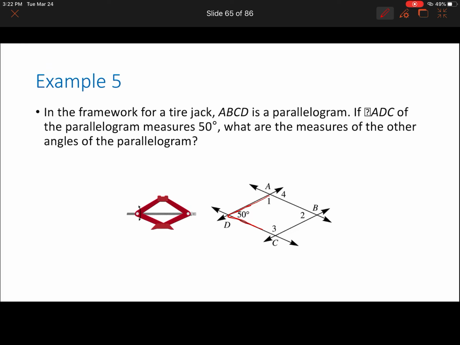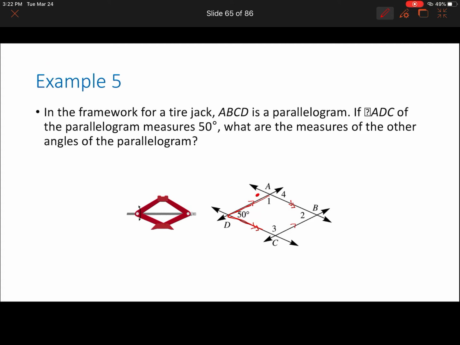It says if the measure of angle ADC, so that's going to be this angle, is 50 degrees, we want to find the other angle measurements of this parallelogram. Because it is a parallelogram, this line and this line are parallel, and this line and this line are parallel.